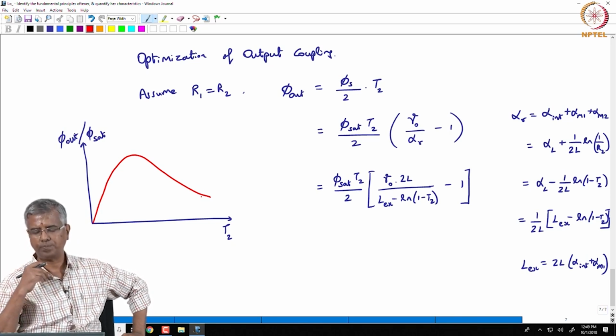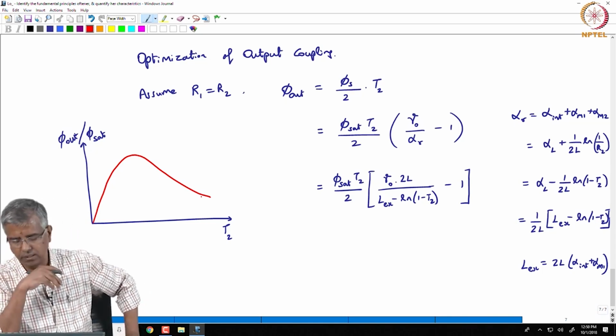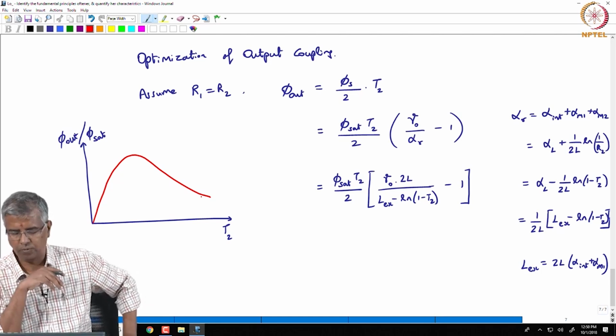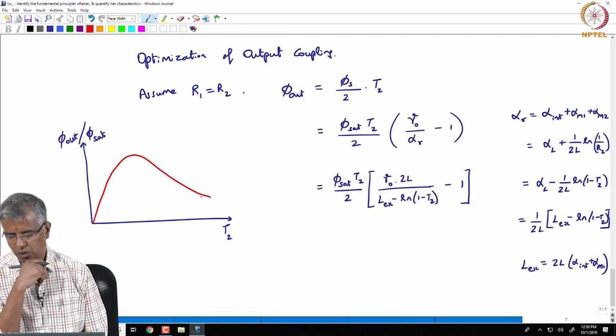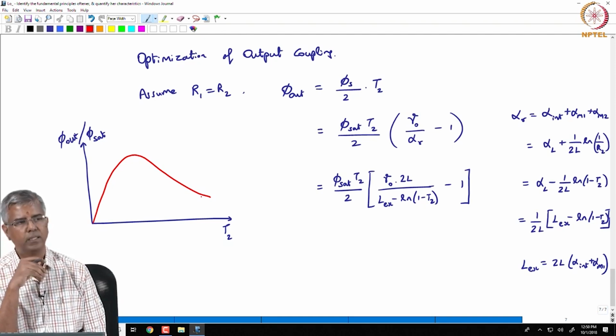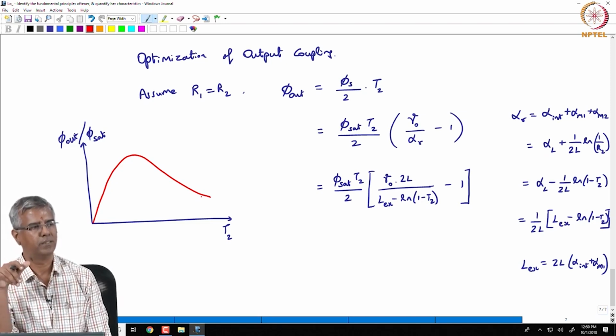So, as you increase T2, you will have an increase in the output flux and also the output power. But as you increase T2 further, you start having the denominator come into the picture.